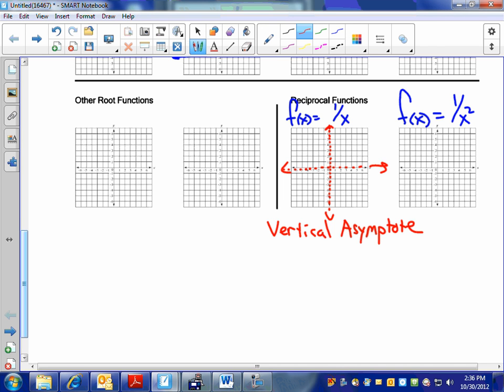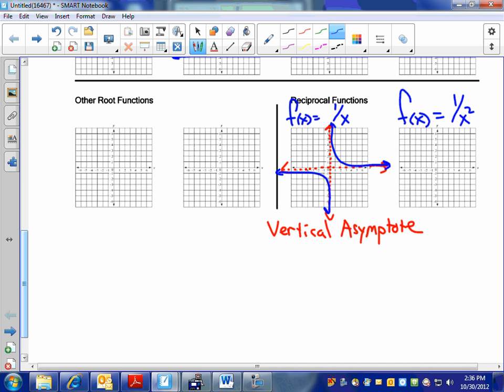This function can never be equal to 0. If you set 1 over x equal to 0, you won't find a solution to it. And so your graph actually looks like this. Those asymptotes are what the graph approaches but never touches. It has that shape.